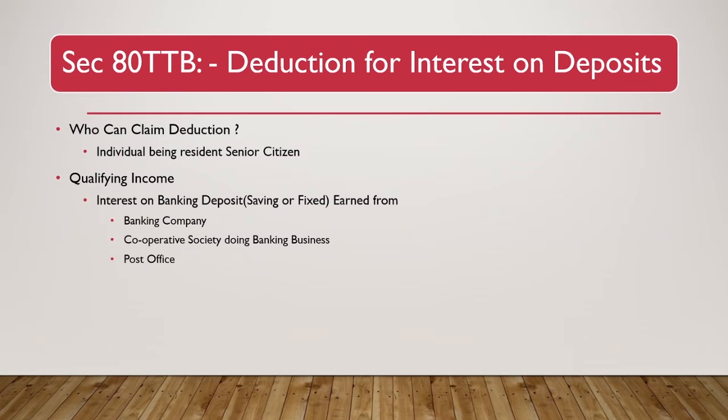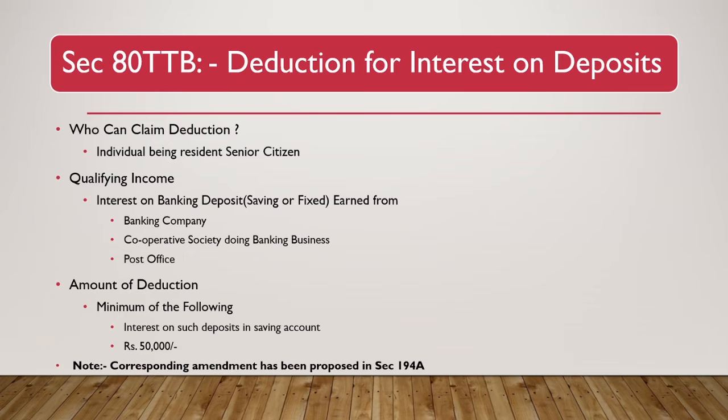Here also there is a limit specified, that is a maximum of rupees 50,000 can be claimed as deduction. Interest received from both or one together can be claimed as deduction up to rupees 50,000.